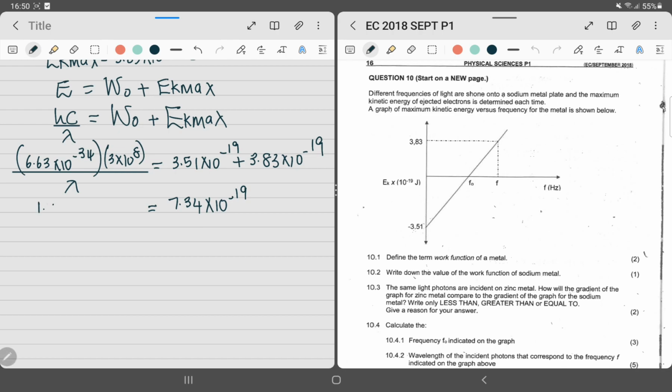And then 1.989 times 10 to the power of negative 25 all over lambda. Getting 2.71 times 10 negative 7 meters.